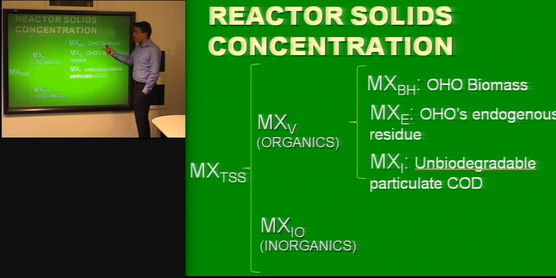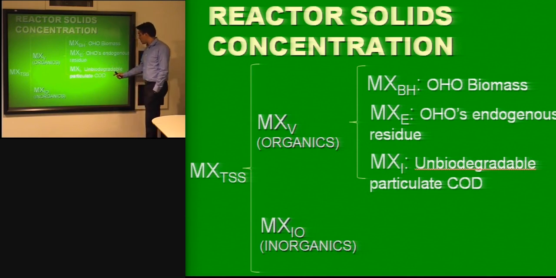The decay of those organisms will lead to the accumulation of some endogenous residue that is built up from the endogenous processes of those bacteria when they are dying or being exposed to endogenous conditions.